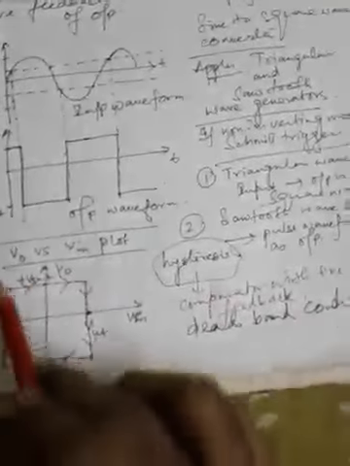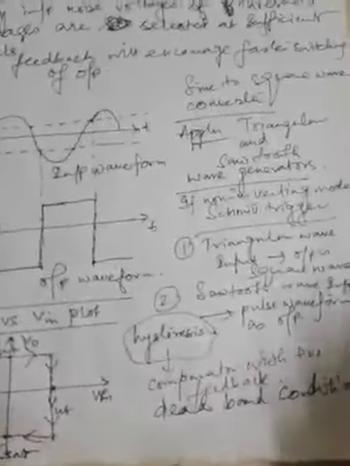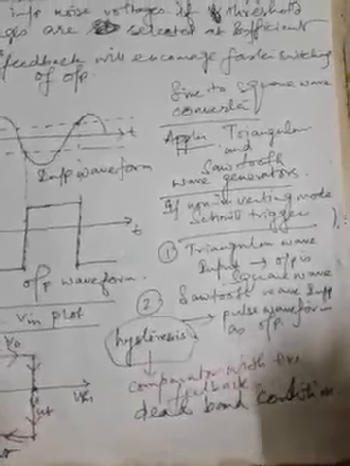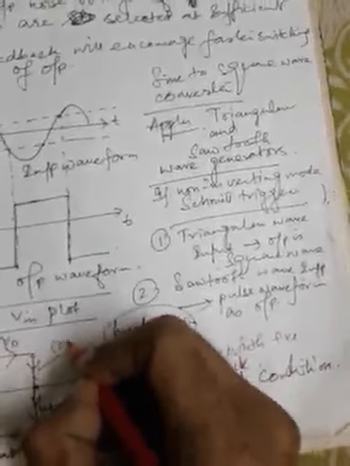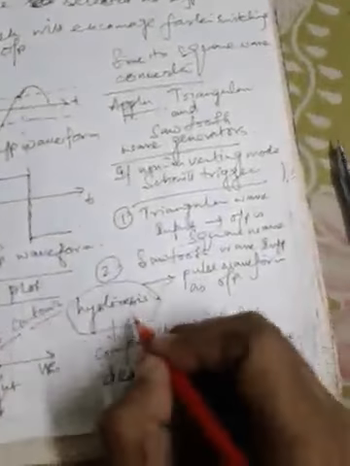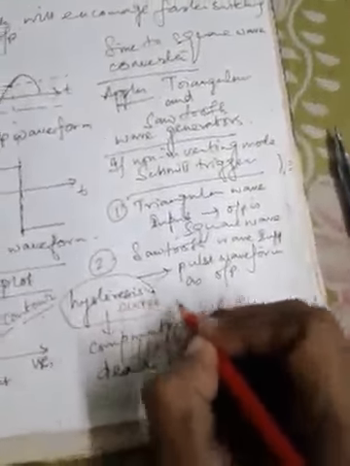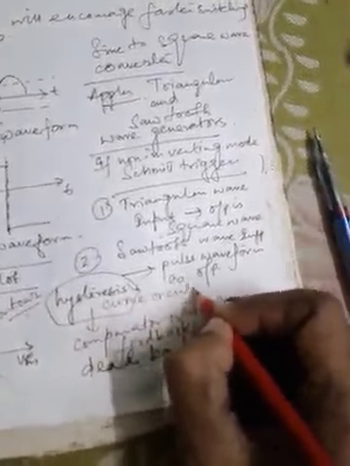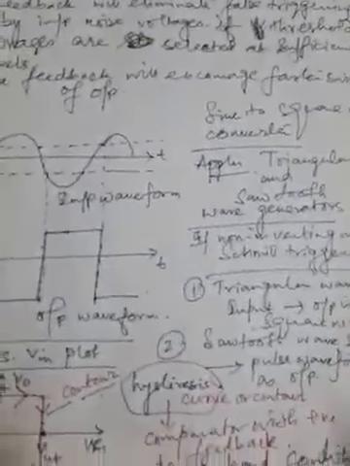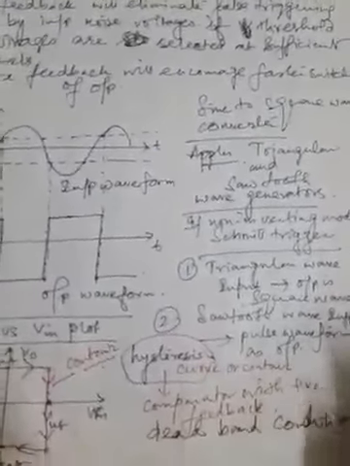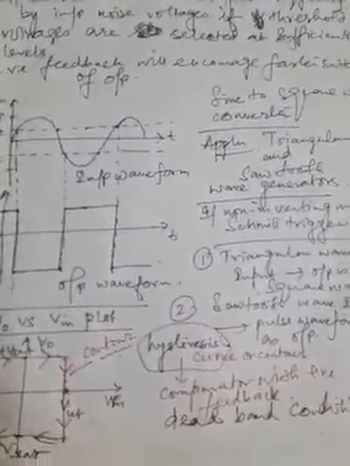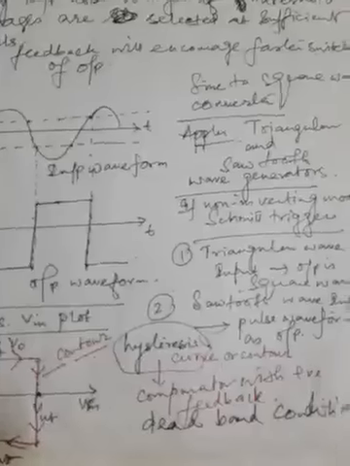So this closed curve, better it can be called a contour. This is not a curve, this is called contour. This contour is called hysteresis curve or contour. A closed curve is called contour. And this phenomenon is observed for the operation of comparator using positive feedback.